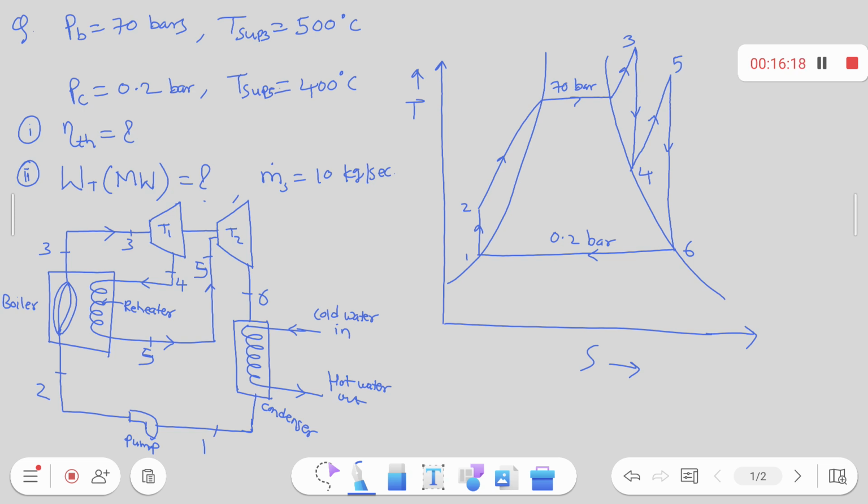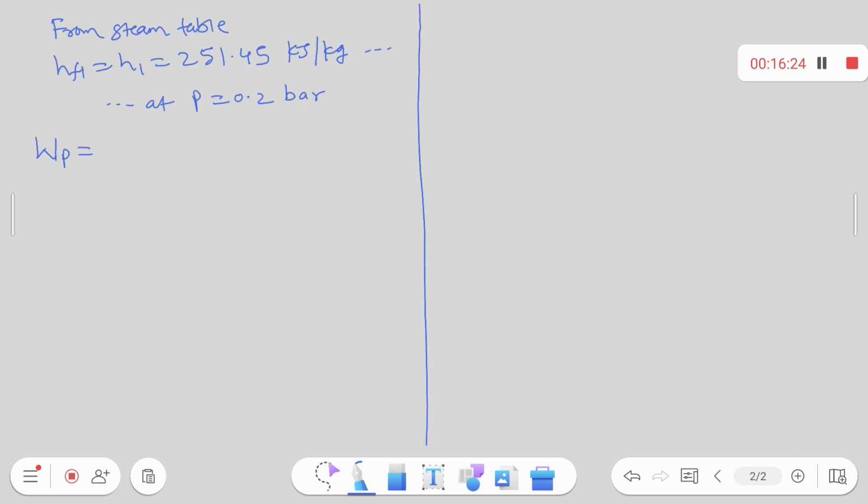So we can calculate the pump work directly by using the formula: boiler pressure minus condenser pressure divided by 10. But this pressure should be in bar, right?